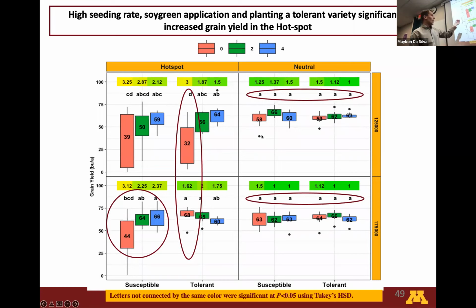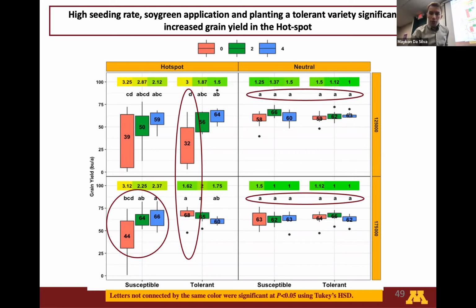Just by planting, as I mentioned in the background, even tolerant varieties can experience yield reductions when that's the only management strategy we are adopting. When we didn't apply soybean and we had low seeding rates, we had significant yield reductions. So that's the reason. Even tolerant varieties can experience yield reductions when growing in a hotspot area, for example, without other management strategies along with it. I hope I answered the question.